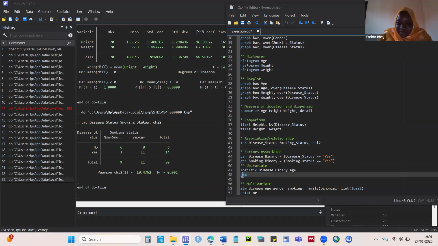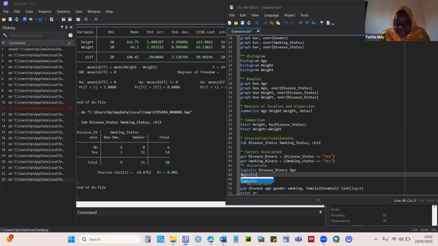We all heard about univariate, multivariate, etc. Though statistically, multivariate is not the same context as we interpret it. In statistics, multivariate means when you have multiple outcome variables, but the multivariate we are using in our context here, maybe in cohorts or for many researchers, means when you have more than one independent variable.